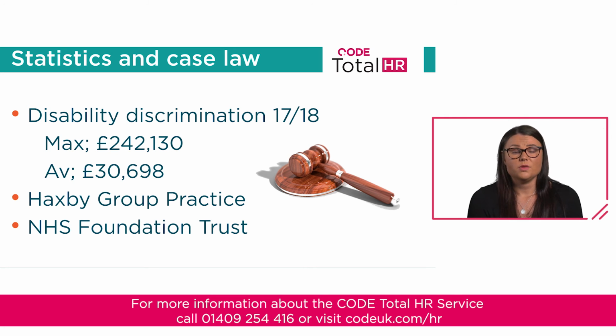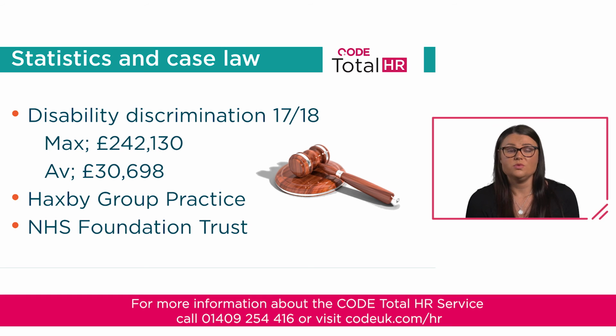So the government department released its statistics in September last year on the Employment Tribunal Compensation Awards. For disability discrimination awards between 17 and 18, the maximum award payout for a disability discrimination claim was over £240,000.